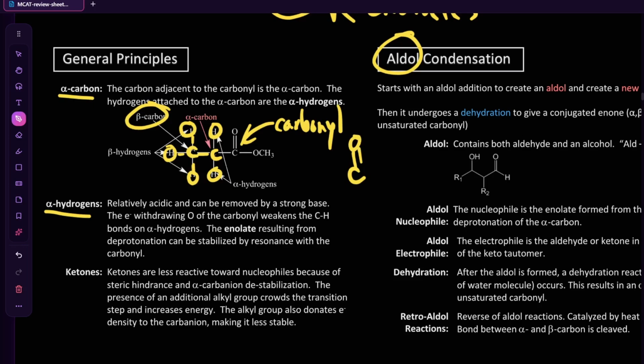So why are the alpha hydrogens acidic? The key idea is that a CH bond is normally not acidic at all. But an alpha hydrogen sits next to a carbonyl, and that carbonyl oxygen is electron withdrawing. This one. Electron withdrawing, right?